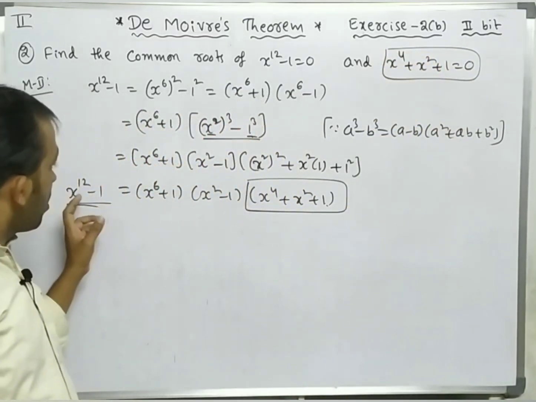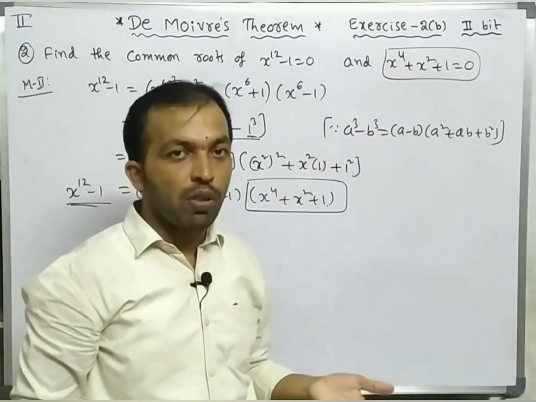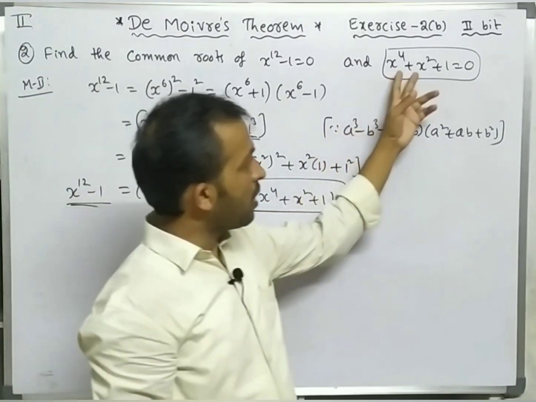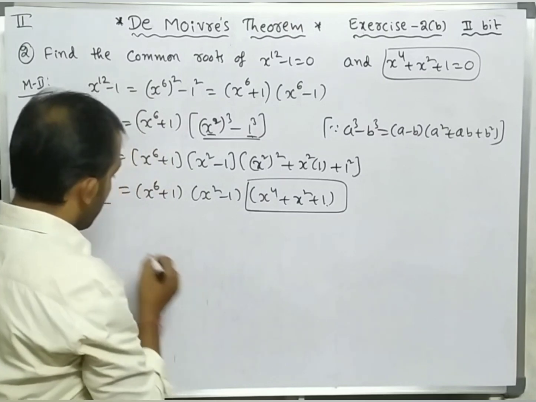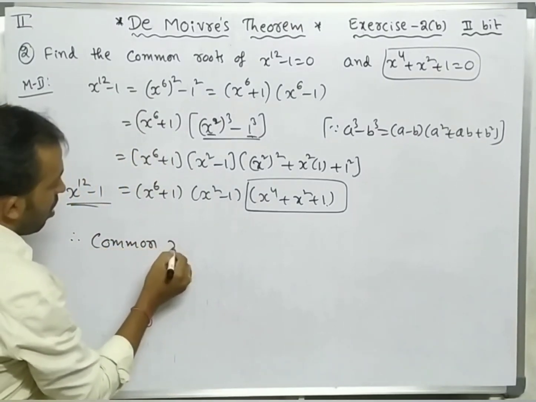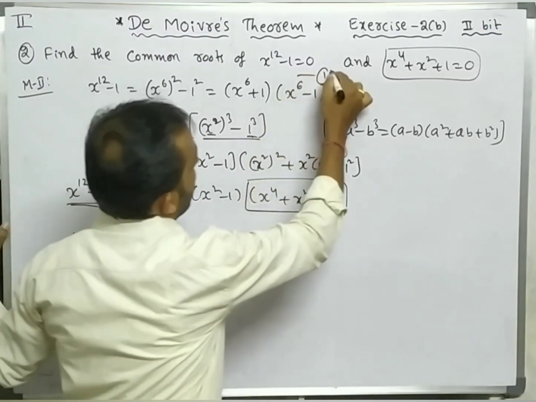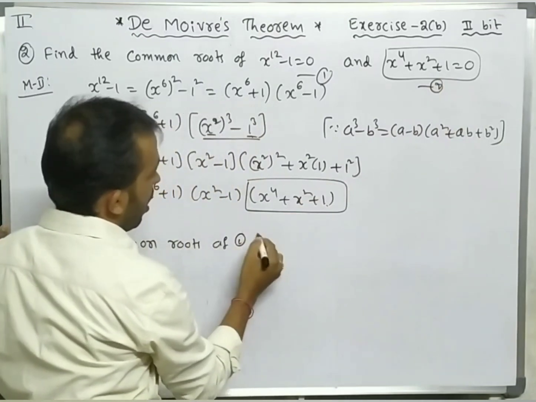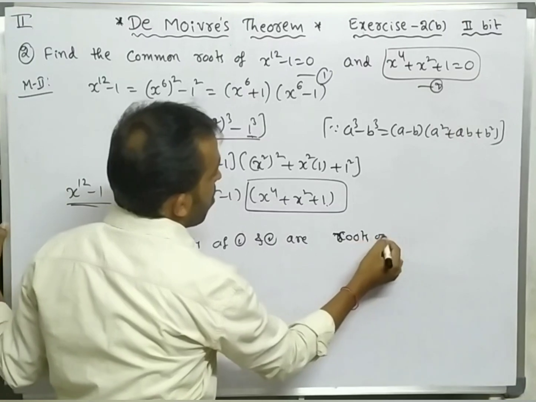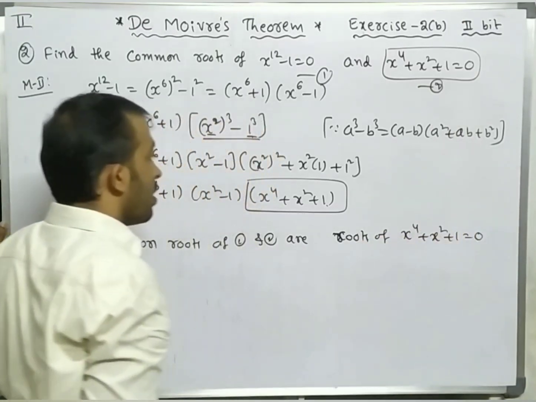Therefore the roots of these equations that are common are the factors common to both. Therefore the common roots of equations 1 and 2 are the roots of x power 4 plus x square plus 1 equals 0.